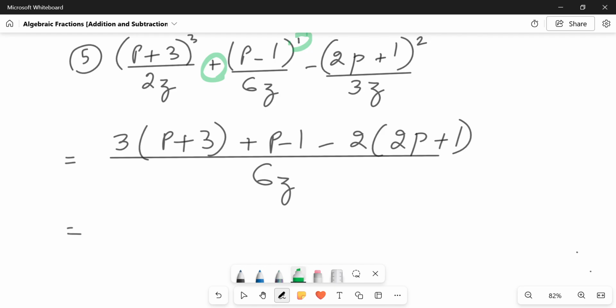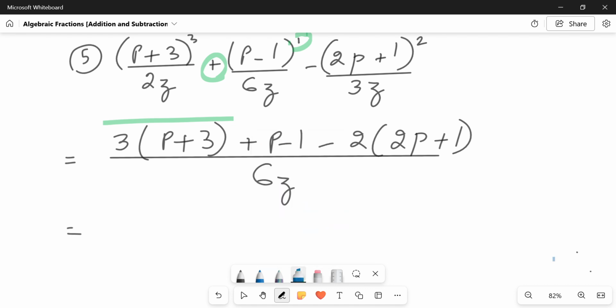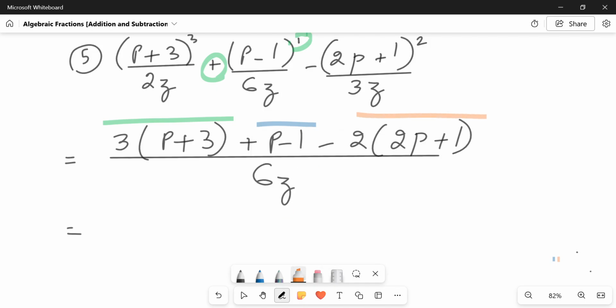Yes, come on, we have this green part, here we have the blue part, and then we have the orange part. Now the green answer, 3 times p plus 3 gives you 3p plus 9. This will come as it is. Now the orange part, be careful students, here it's better to write it in a bracket. Otherwise it mixes with minus 2.